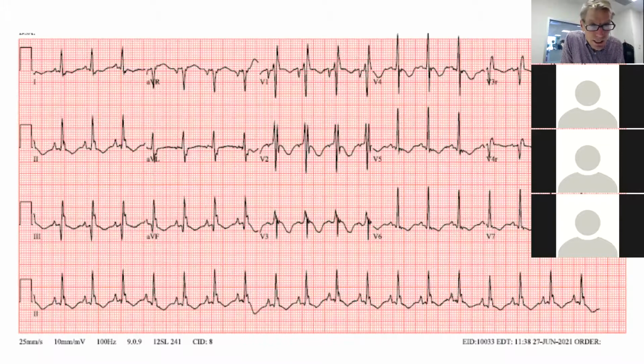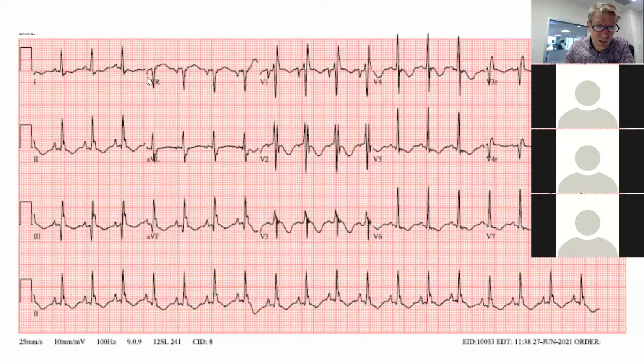I counted about 2.6 between the RR interval, so two large squares and maybe 0.6 of a large square. So 300 divided by 2.6 is about 115. So the heart rate is about 115. This is a 12-year-old boy.